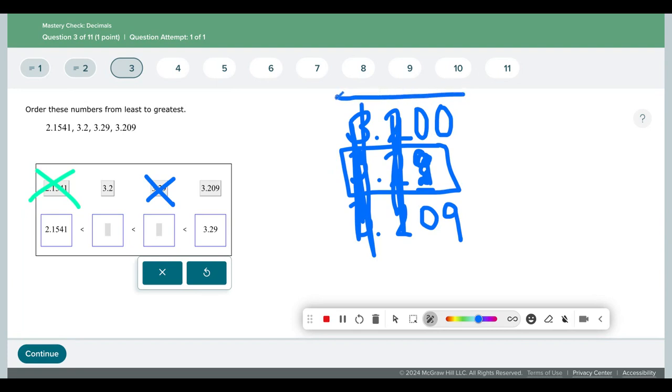So that means this entire thing is less than that number. Okay. So 3 and 2/10, even though I've added a few zeros, 3 and 2/10 is going to be less than 3 and 209 thousandths because all I did, I ended up comparing that 0 and the 9. This is less than. Okay. So, ta-da! And I fill in the rest.